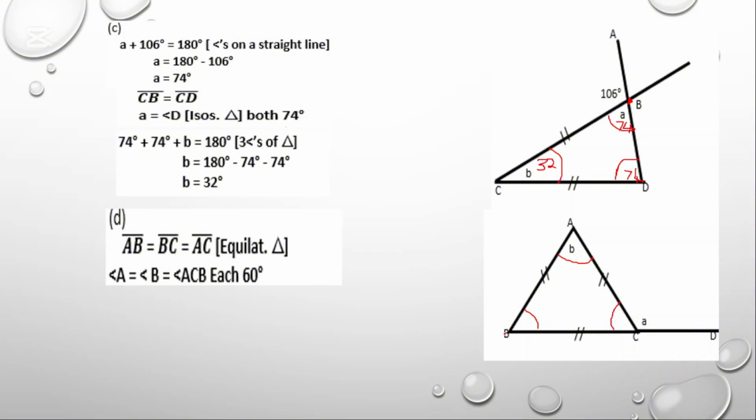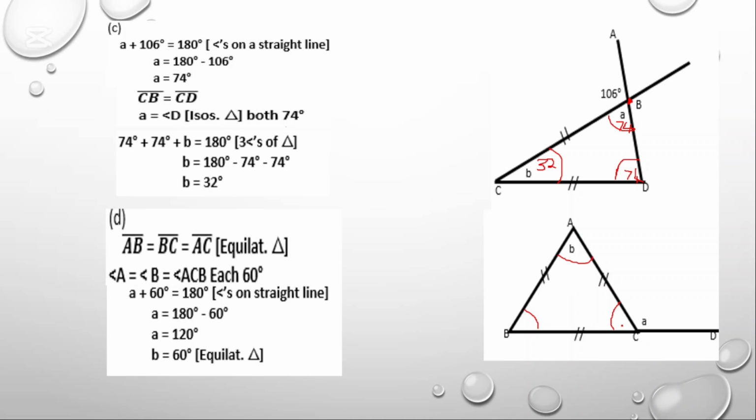AB, you say there, is equal to BC is equal to AC. Why? Equilateral triangle. Next step, you say that angle A, which is also B, small b, placeholder B, is equal to angle B is equal to ACB, each 60.